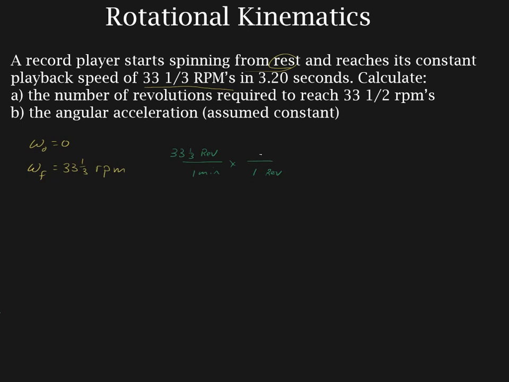It's 1 revolution, and we said that it was 2 pi radians. Then we need to convert the minutes to seconds, and so 1 minute is going to be equal to 60 seconds. So whenever we go through our calculation here, what we're going to do is 33 1/3 times 2 pi divided by 60.